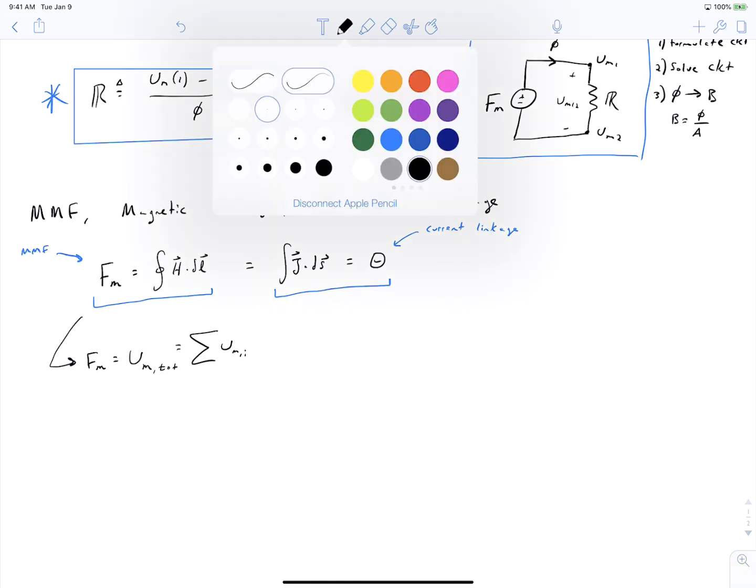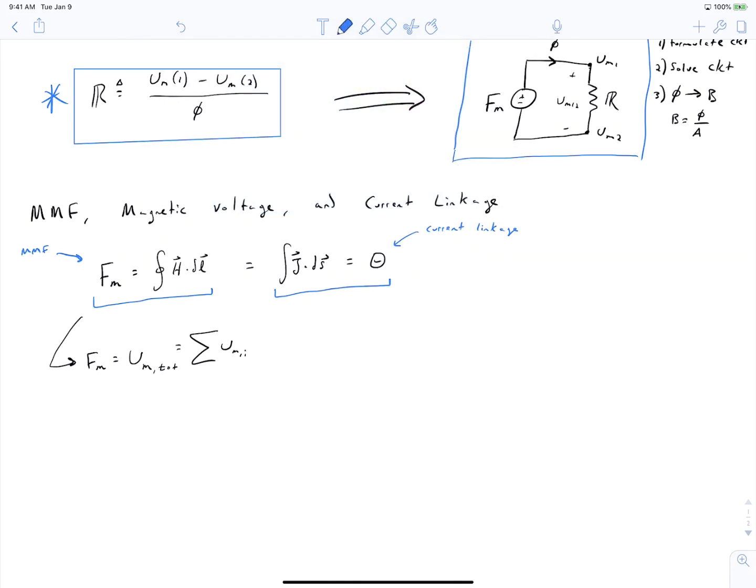Current linkage is equal to MMF, but we distinguish it physically. So in math land, they're equal. There's an equal sign right here, right? But physically, we talk about current linkage as being the source term, the physical phenomenon that makes this happen. And so what you'll see is that you can talk about current linkage as being the sum of the currents that link a path.